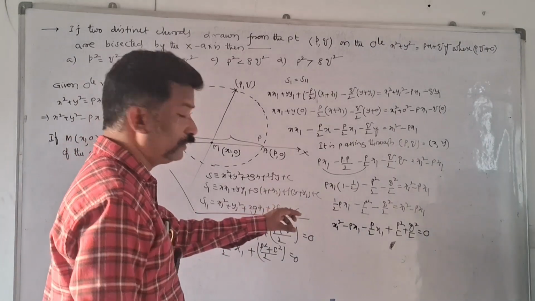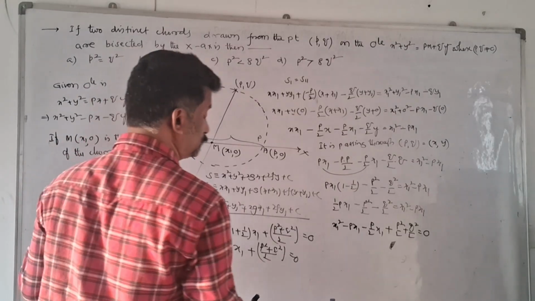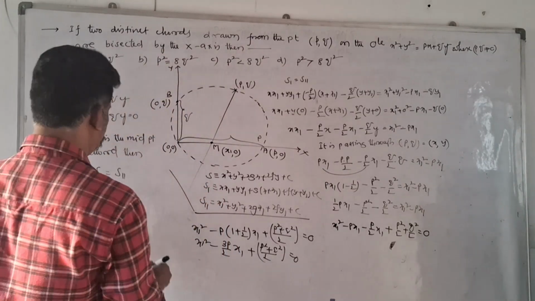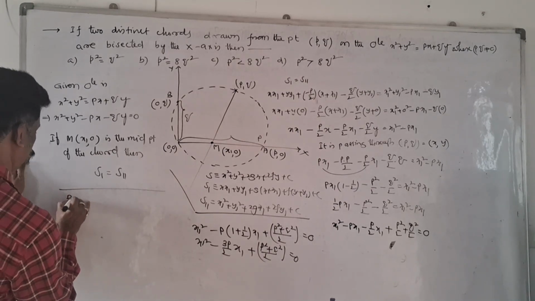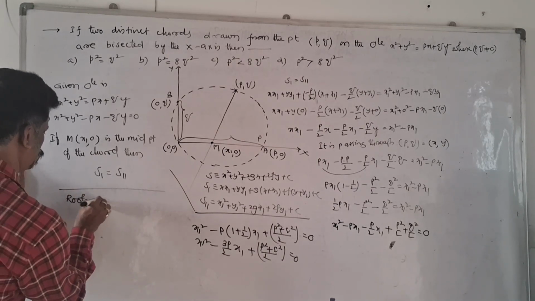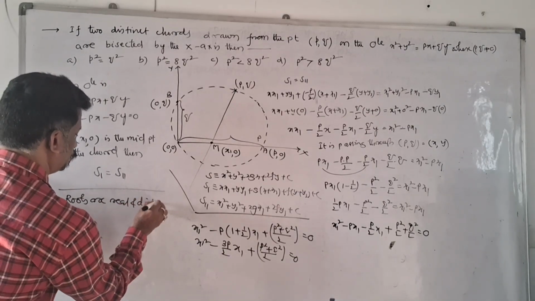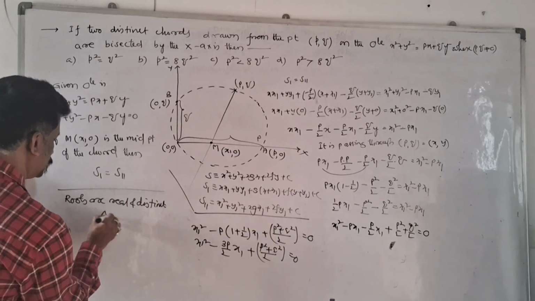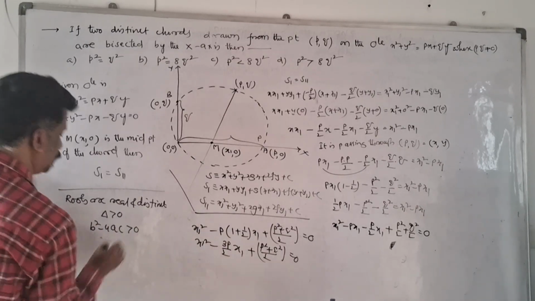So roots are real and distinct. Real and distinct means delta greater than 0. That means b square minus 4ac greater than 0.